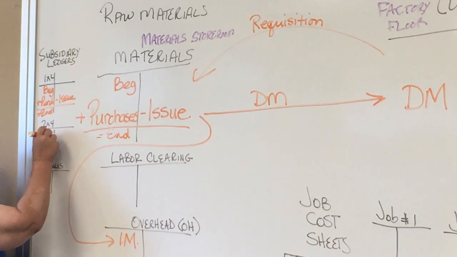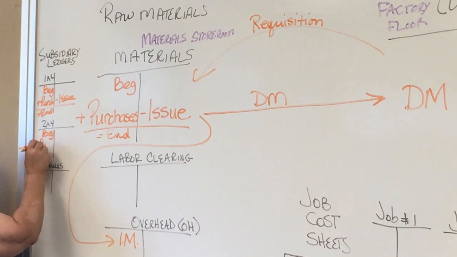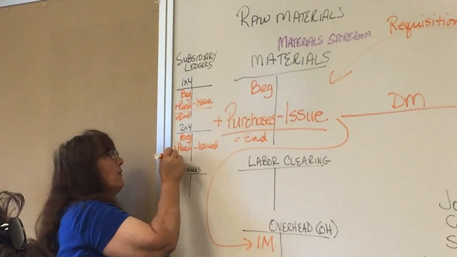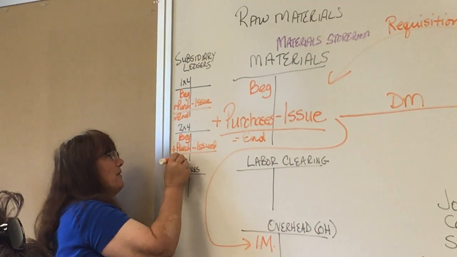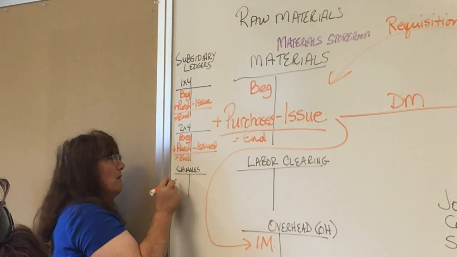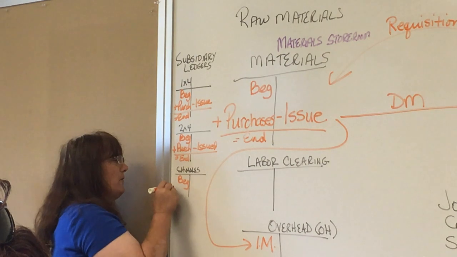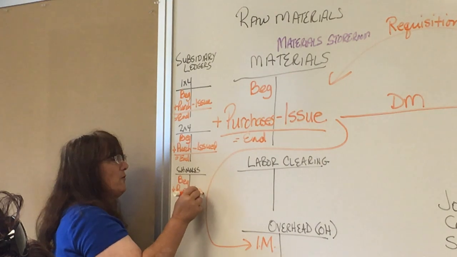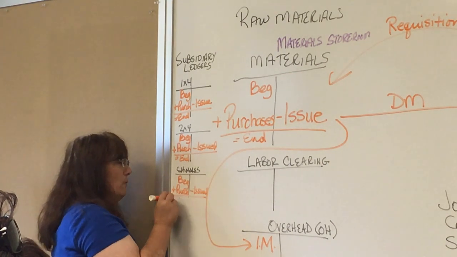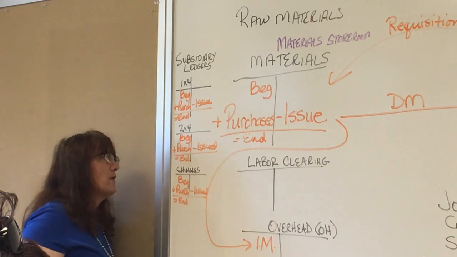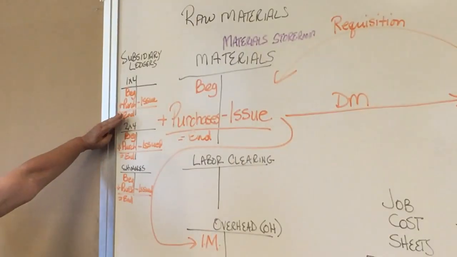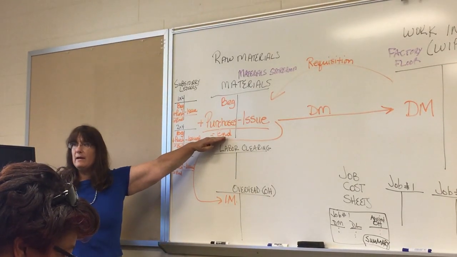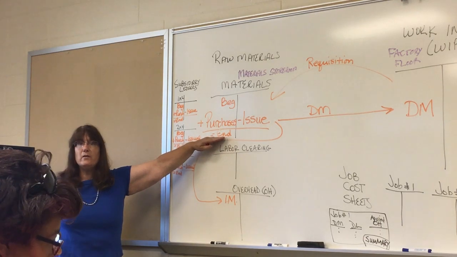I have my beginning balance of 2/4s plus whatever 2/4s I purchased minus whatever 2/4s I issued out equals my ending balance of 2/4s. Shingles. I have a beginning balance of shingles plus whatever I purchased of shingles minus whatever I issued of shingles equals my ending balance of shingles. Now, if I add up my ending balance of 1/4s, my ending balance of 2/4s, and my ending balance of shingles, they better equal this ending balance of the materials account that's in the general ledger.